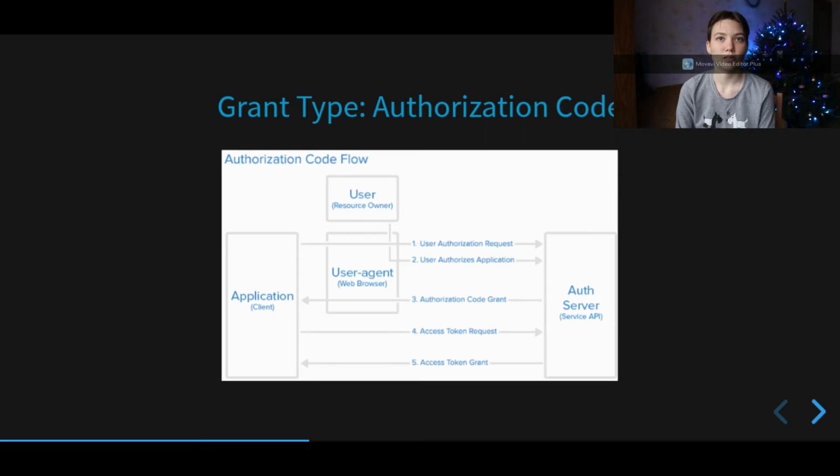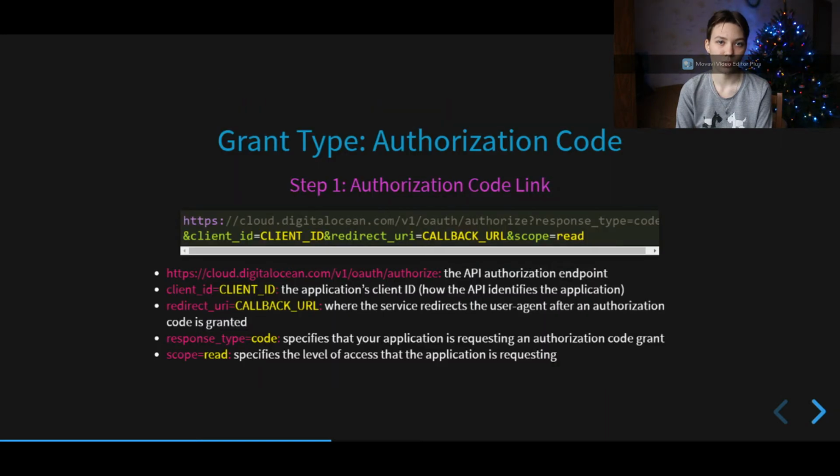This is a redirection-based flow, which means that the application must be capable of interacting with the user agent and receiving API authorization codes that are routed through the user agent.